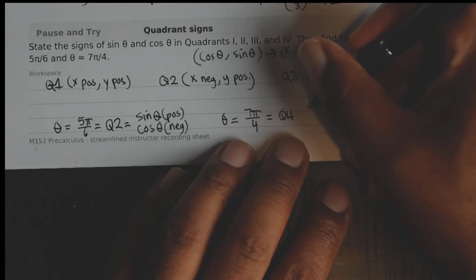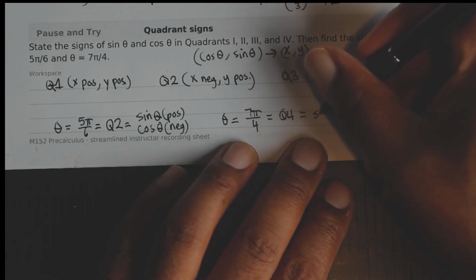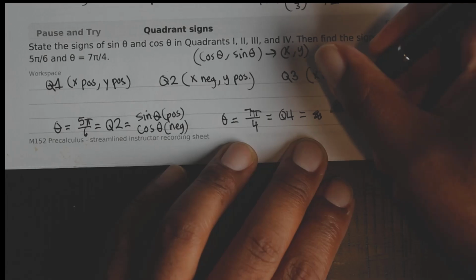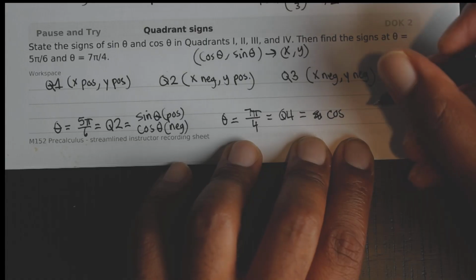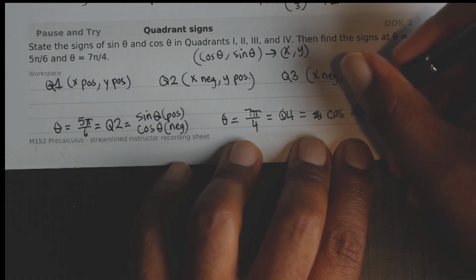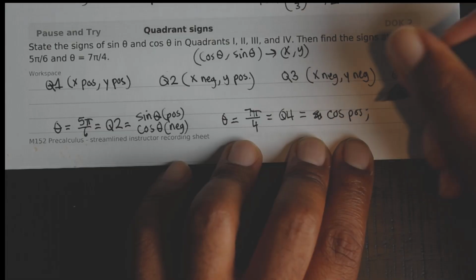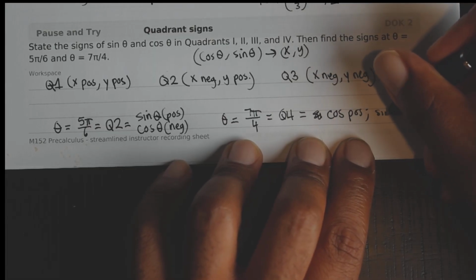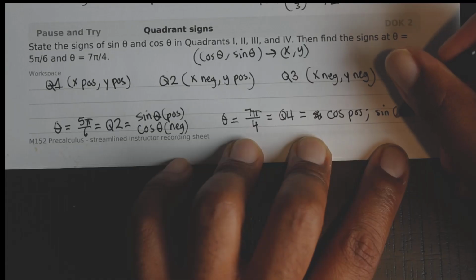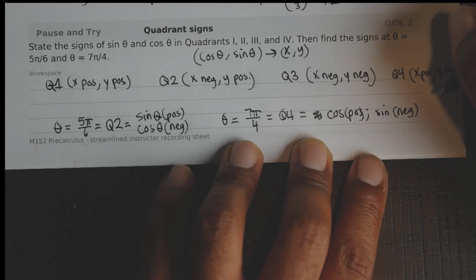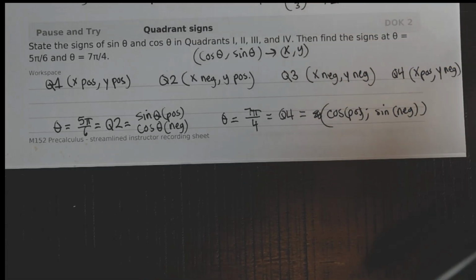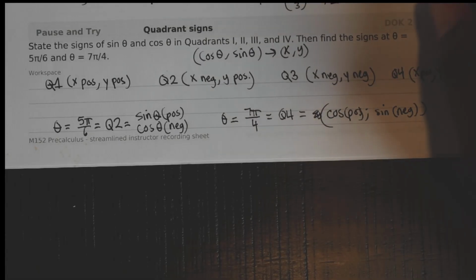Which means that in quadrant number 4, we have the cosine being positive and the sine being negative. Okay. Let's continue.